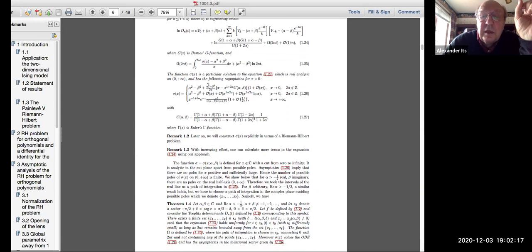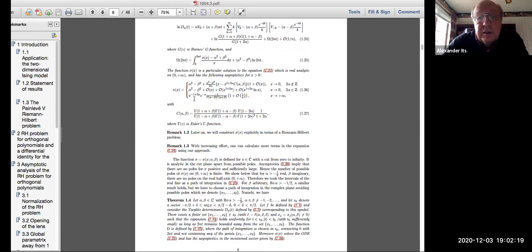And which solution do I have to take? I have to take the solution that behaves in this way when x goes to plus infinity. There is only one such solution. And at 0, for generic alpha, when alpha is not 0, it behaves like that.